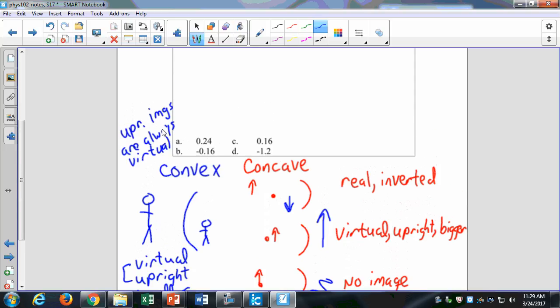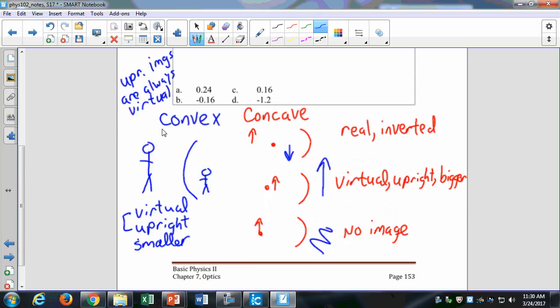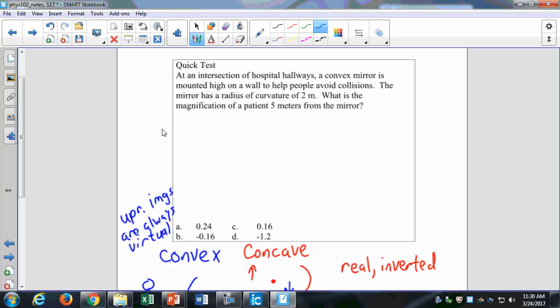Okay, now let's go back and look at this. With a convex mirror, I know that I always have a virtual upright smaller image. And so that means that I can get rid of B and D, because these are both inverted. Likewise, if I had any values bigger than 1, I could get rid of them, because convex mirrors don't produce images with magnifications greater than 1.